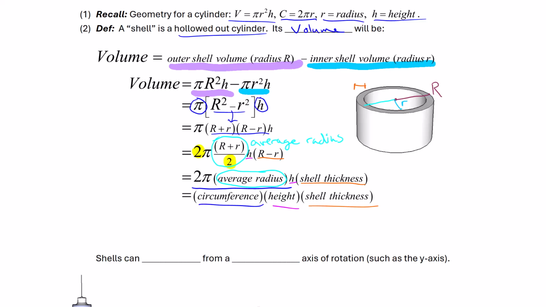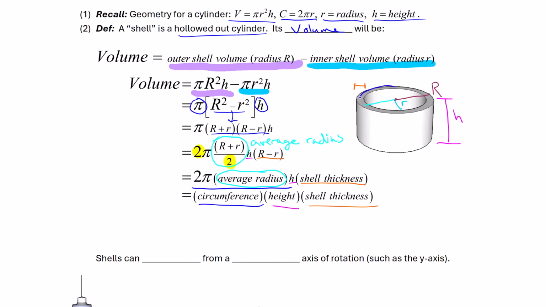Let me label in our diagram here the height. I'm going to put this in a pink color just to keep these color coordinated clearly. So we have the height of the shell, which is also just the cylinder, and that height we'll call h. We have the shell thickness. I've put that in orange. And then we have this circumference, which is there because of the way the formula is.